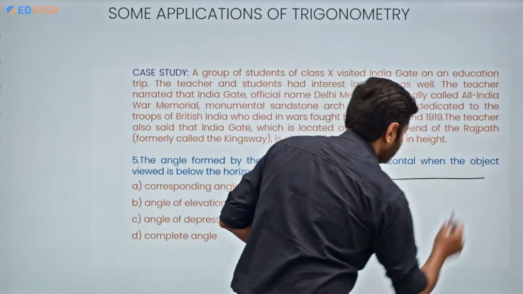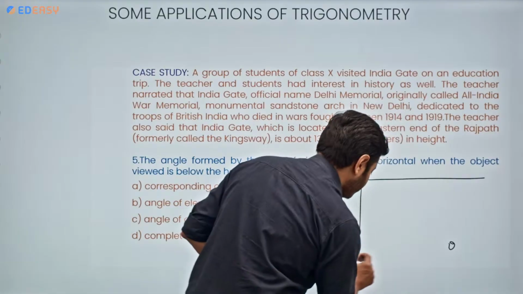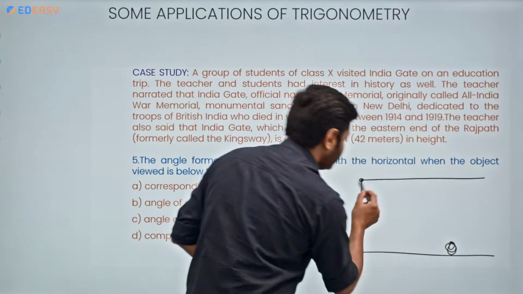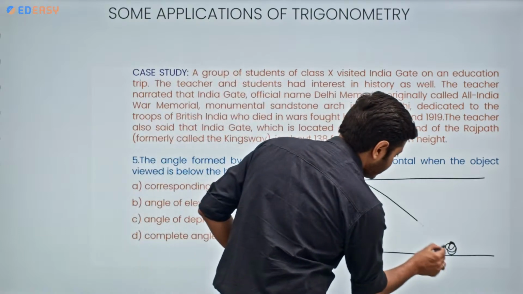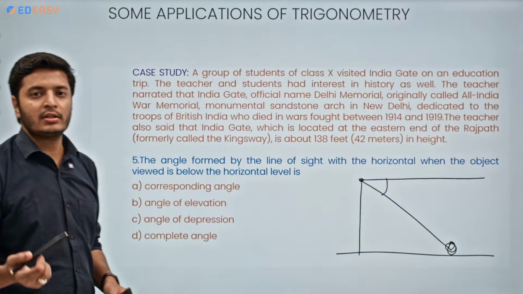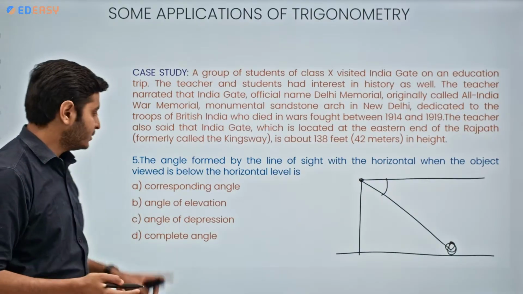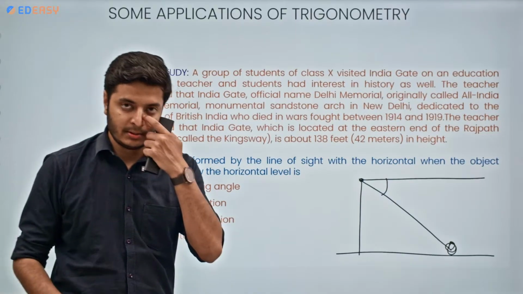This will be their horizontal level and the object is here at the ground level, below the height of this tower. If someone is looking at this object, the angle that they create with the horizontal level is known as what? We know this, angle of depression. So the correct answer is angle of depression, option C.